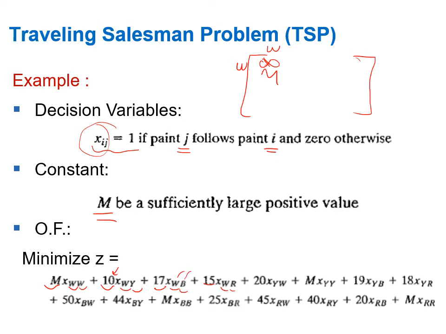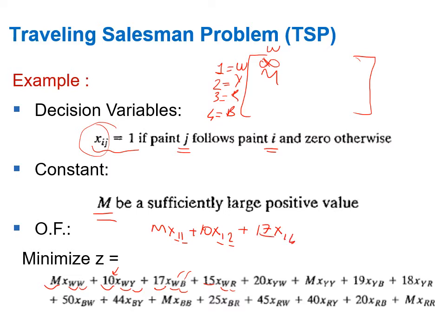And if you don't want to write this as WB and so on, you can list white, yellow, red, and black, and say that white is represented by number 1, yellow is 2, red is 3, and black is 4. Then you write M times x11, white to white, plus 10 times x12, white to yellow, plus 17 times x14, white to black, so the indices go from 1 to 4.